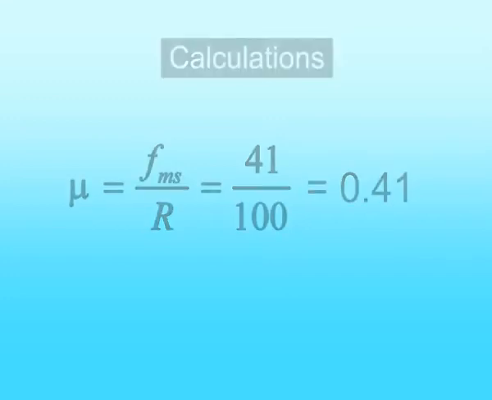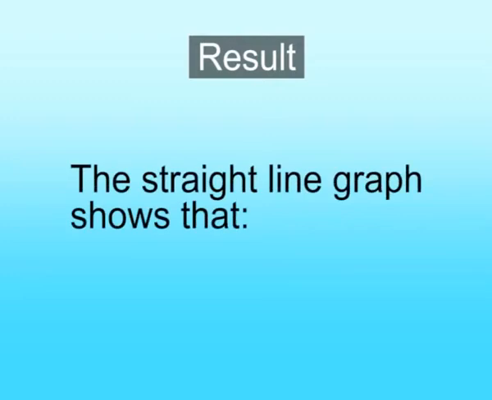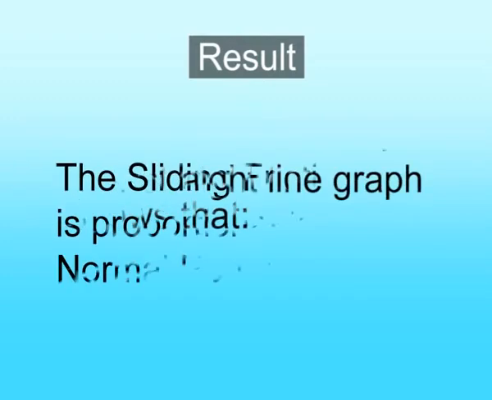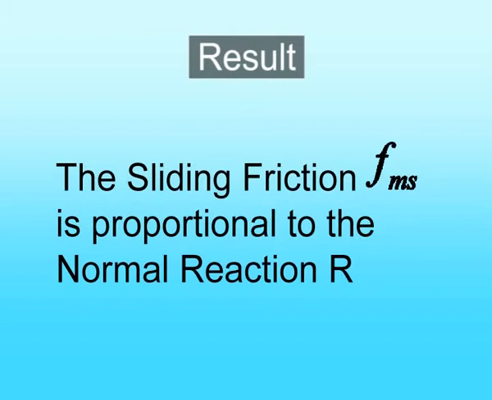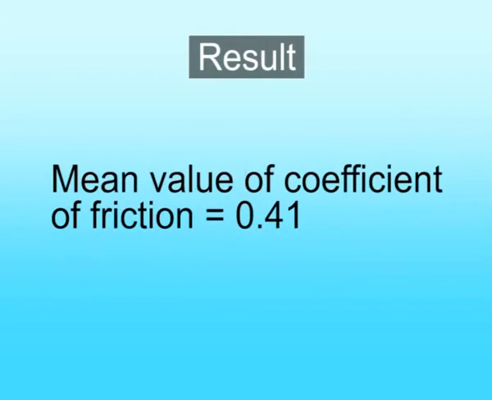The result is to be written like this. The straight line graph shows that the sliding friction F_max is proportional to the normal reaction R. Also, mean value of coefficient of friction is equal to 0.41.